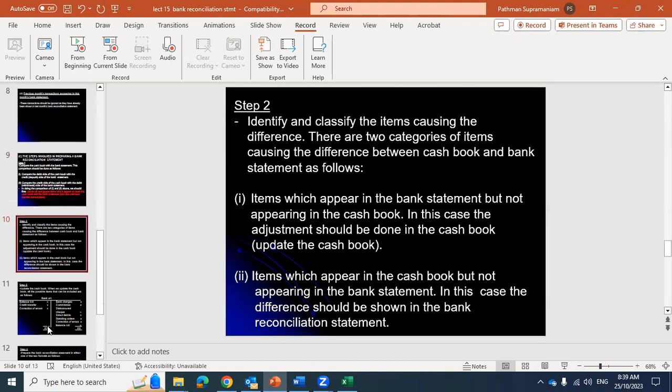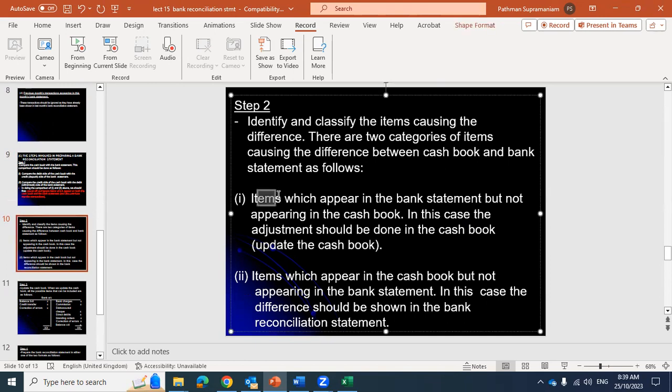What we want to know is what are the items causing the difference. So the next step is to classify what are the items causing the difference. These come in two forms, whereby either the amounts appear in the bank statement but are not appearing in the cash book yet.